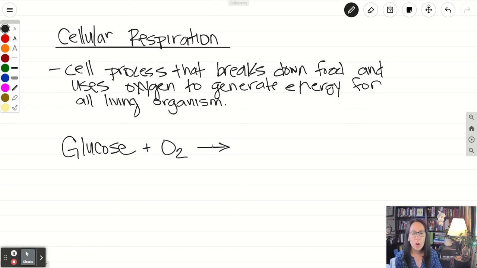After all this crazy stuff that happens in the cell, at the end you end up with CO2, carbon dioxide, which you exhale. You also make some water, and you're making water all the time. If you take your glasses and blow on them, you can see how they fog up.